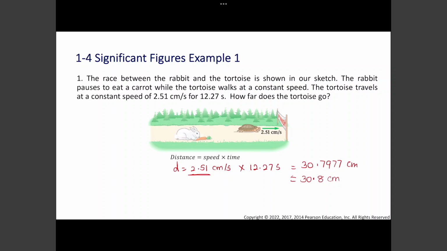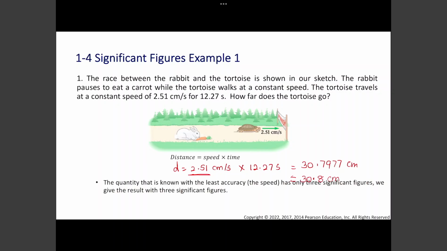Because this is 79, we round up the value to 8. If it is beyond 5, we add one number when rounding up. We will discuss the rounding up in our next sections. Okay. So D is 30.8 centimeter.